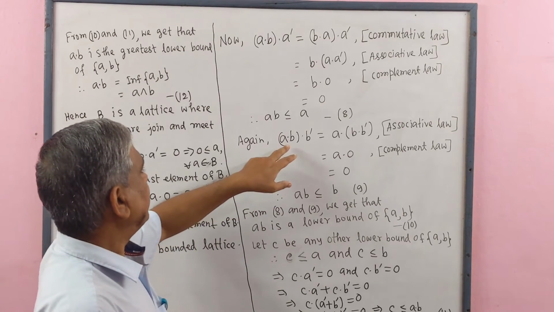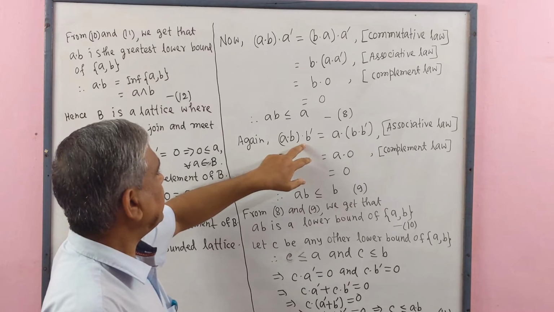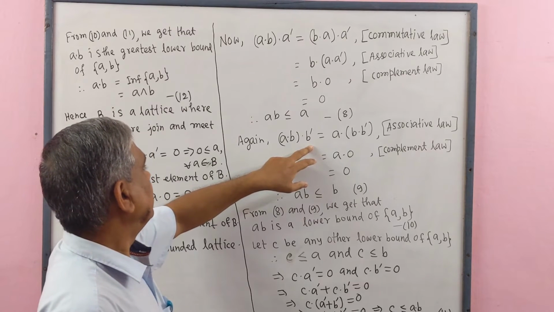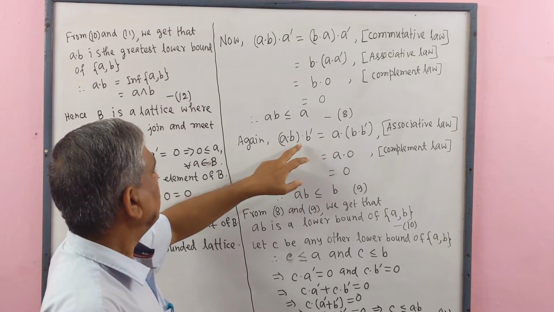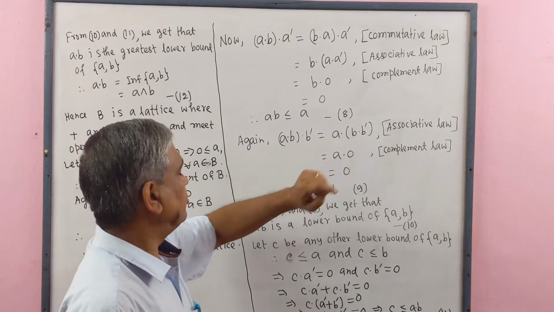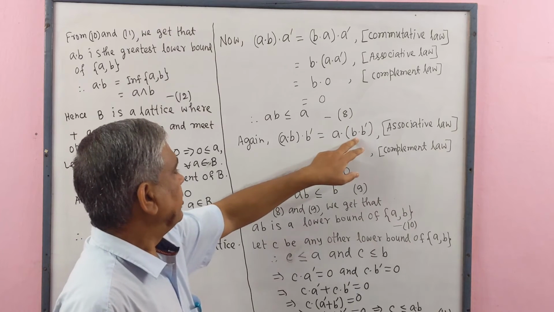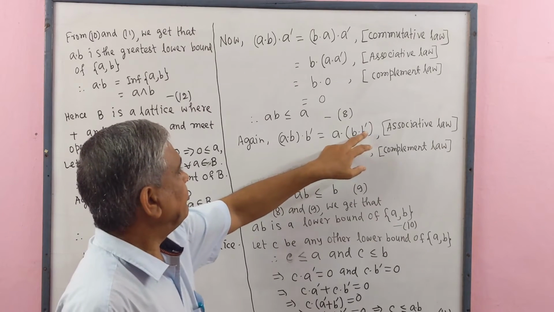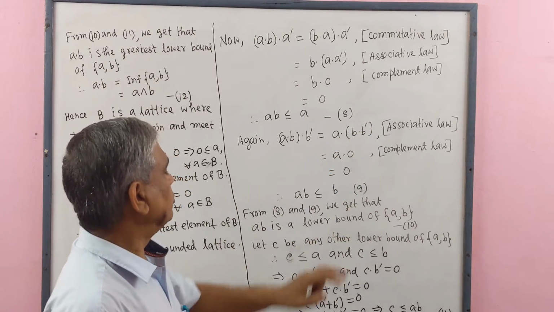Again, A dot B dot complement of B. By associative law we may write A dot (B dot complement of B). Here by complement law B dot complement of B equal to 0.